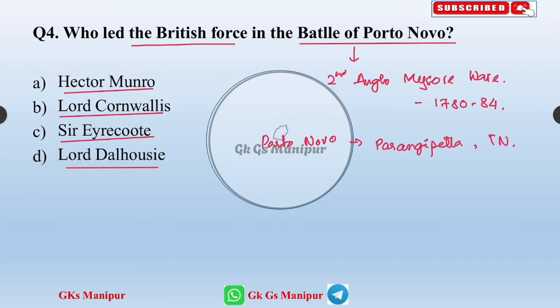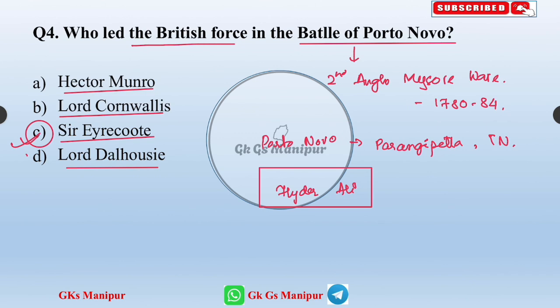The British East India Company was led by Sir Eyre Coote, so option number C is the correct option. On the Kingdom of Mysore side, the ruler was Hyder Ali. So the battle was between Sir Eyre Coote and Hyder Ali.